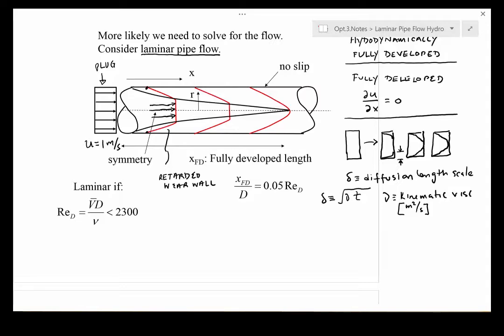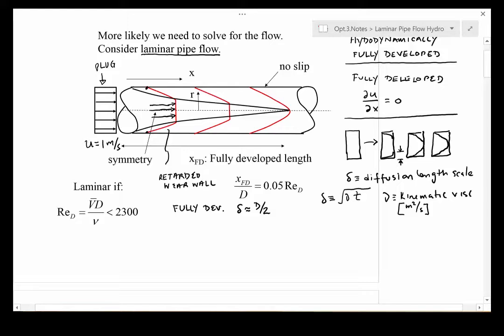So really what we're asking is at what point it is fully developed, which might mean that delta looks like D over 2. So it has to penetrate all the way in.